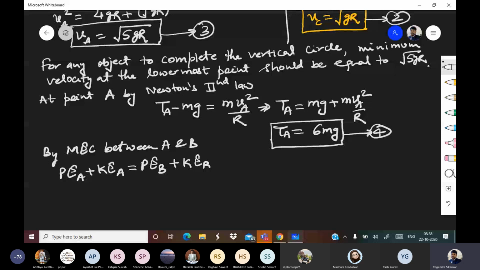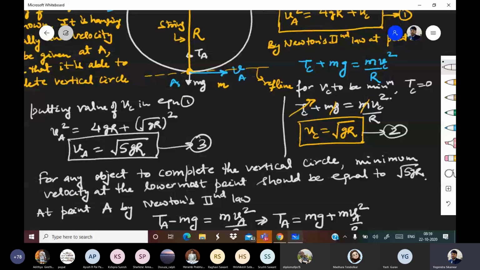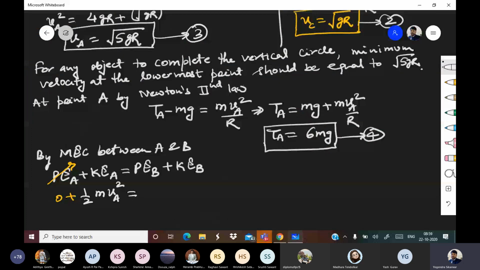So 0 plus KE A, KE A was half m VA square, is equal to PE B. Now you can observe that the height of B is R only. So PE will be m g R plus KE B, half m VB square.